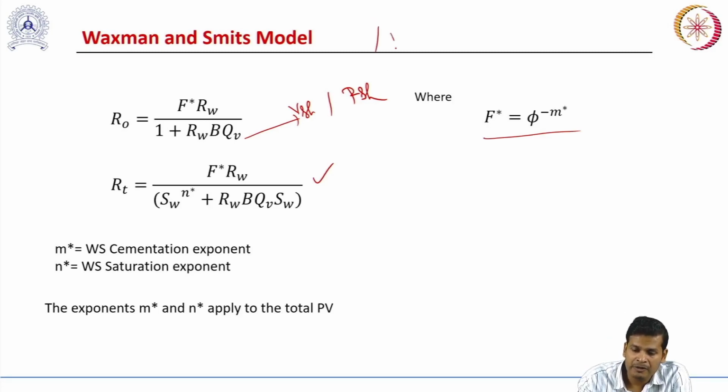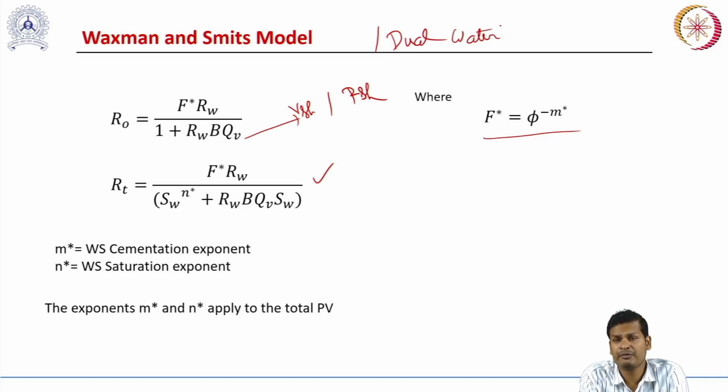You can also use another model called the dual water model, where you can see in this equation that both the water inside the pores of the reservoir rock and the water inside the clay, or the bound water, are separately calculated and properly defined. Then the dual water equation can be used to calculate the formation water saturation.